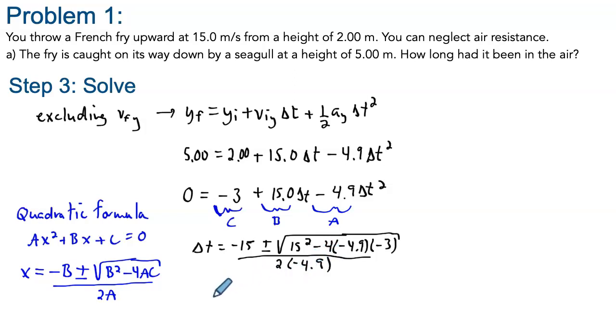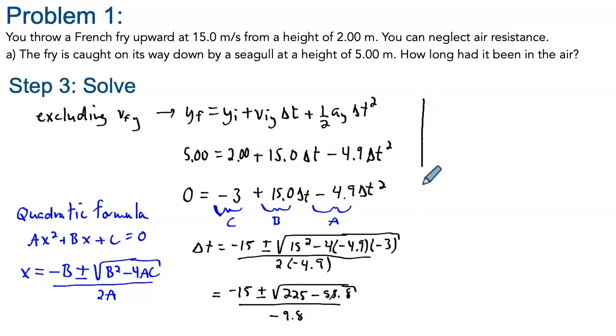Okay, so if we expand this portion in here, we will get minus 15 plus or minus the square root of 15 squared, which is 225, minus 4 times minus 4.9 times 3, which will be minus 58.8. And then we want to divide all of that by minus 9.8.